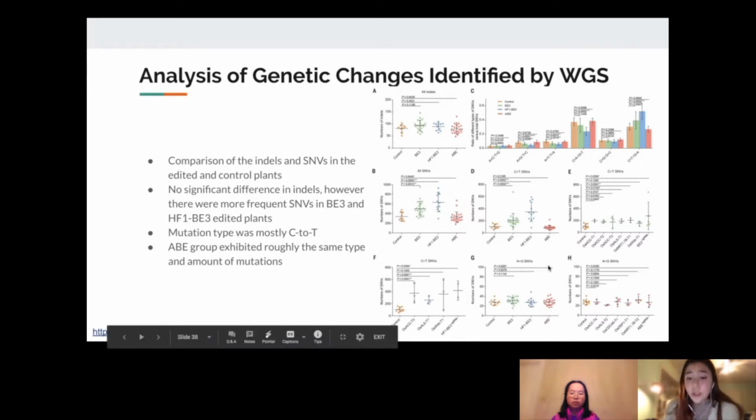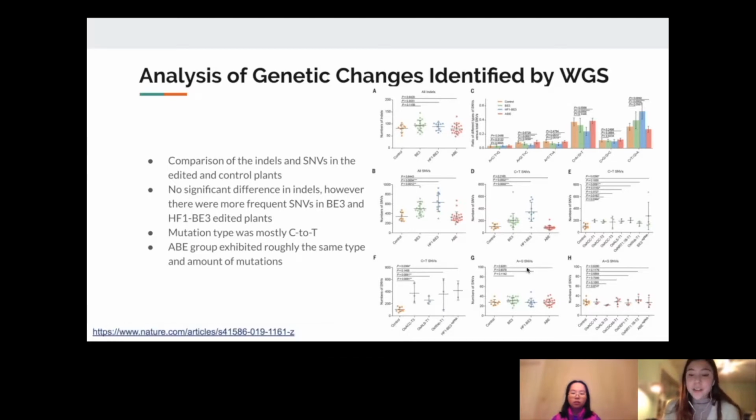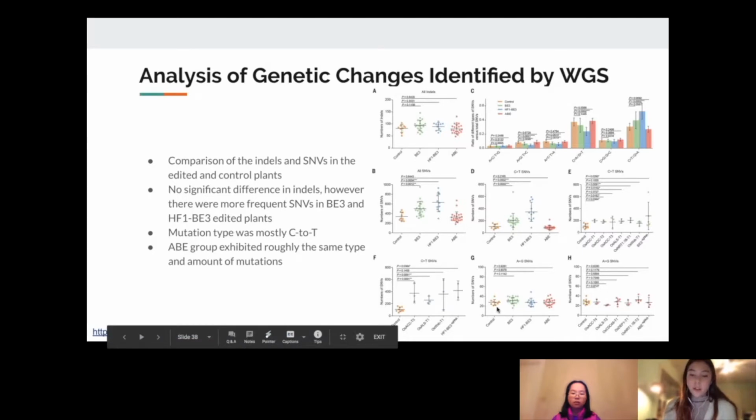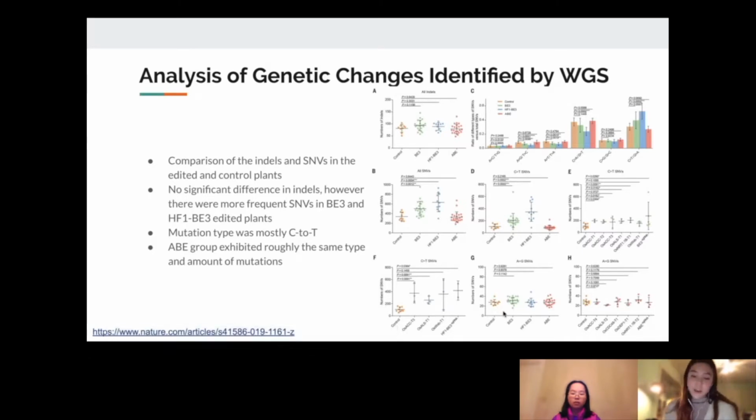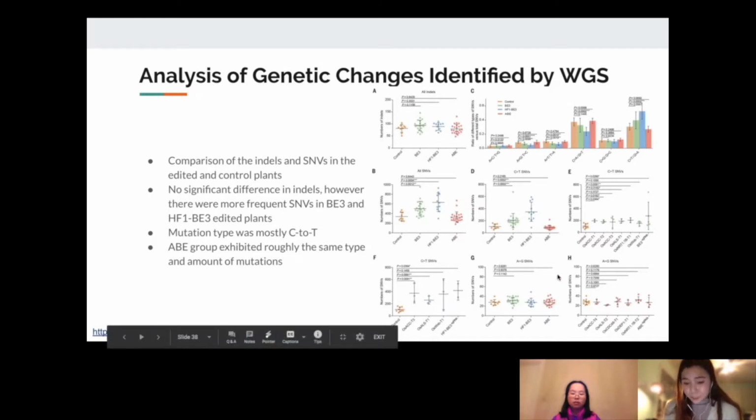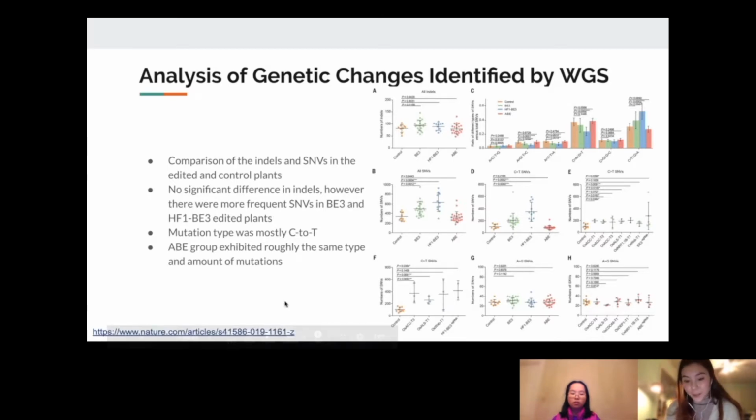But in looking at G, we can see that the number of A to G single nucleotide variants is actually stable across all 4 plant groups, with all of them matching the level of variance as the control. So this suggests that the ABE editor does not actually produce many A to G single nucleotide variants in DNA.